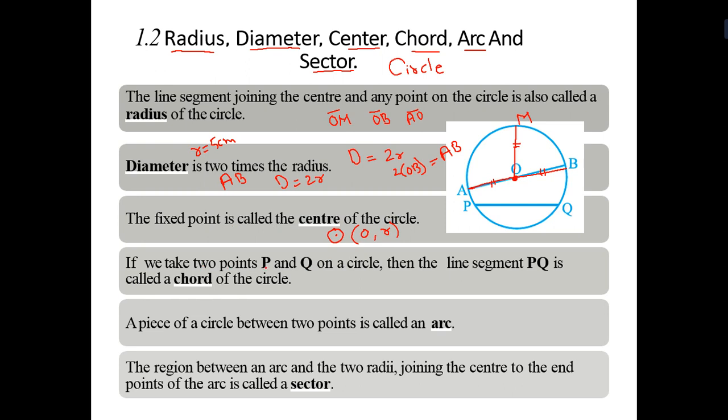If we take 2 points P and Q on a circle, then the line segment joining PQ is called a chord of a circle. So here it is also a chord. So line segment, we can say chord PQ. Line segment PQ is called a chord of a circle.